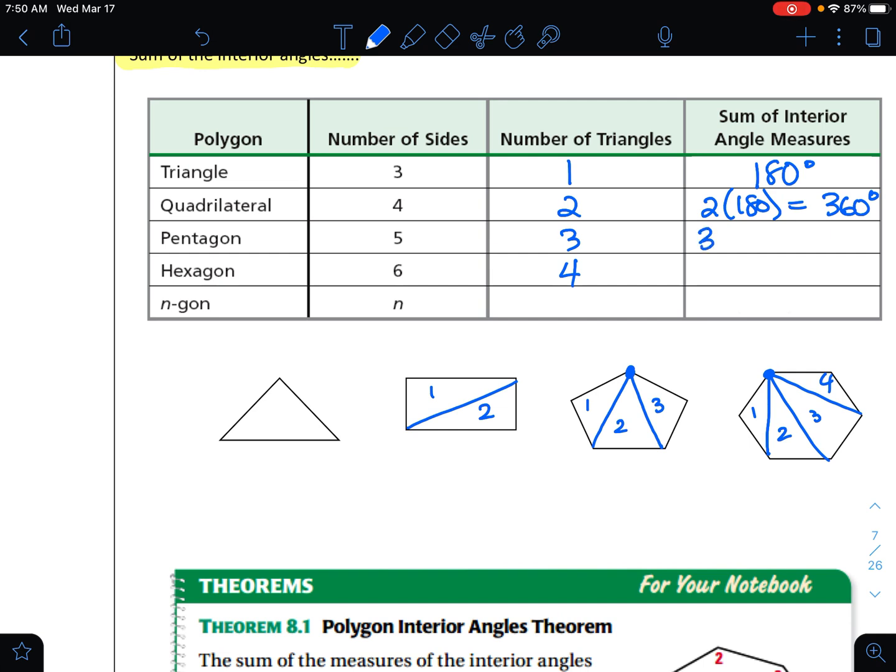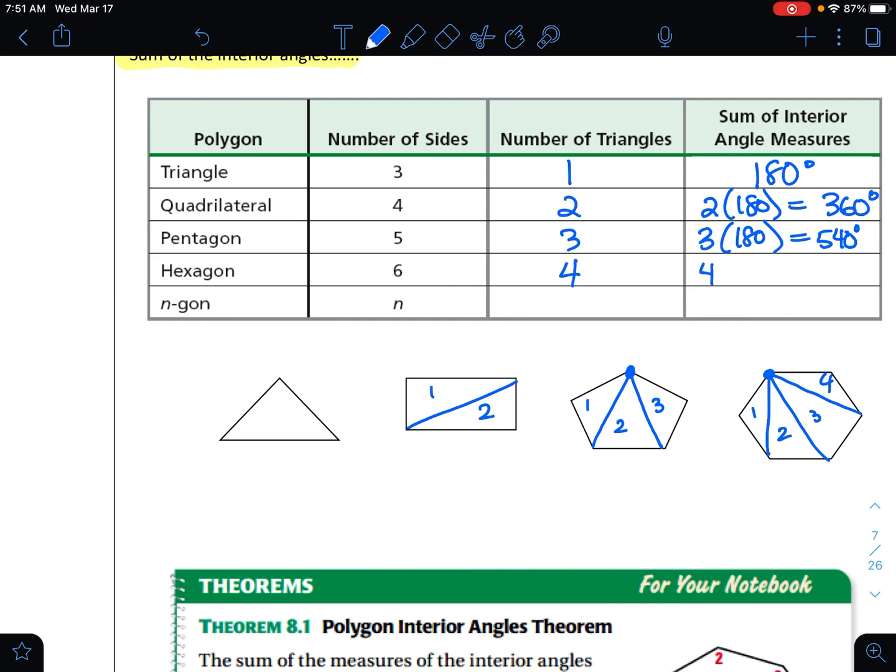But let's keep going with this formula. So for pentagons, there are 3 triangles. Each of the 3 is 180. So if I take 180 times 3, I get 540. So all pentagons have an interior measure of 540. Now what I'm talking about here is if I were to take the angle over here, plus this angle, plus this angle, plus that one, all 5 of those angles add to 540 degrees.